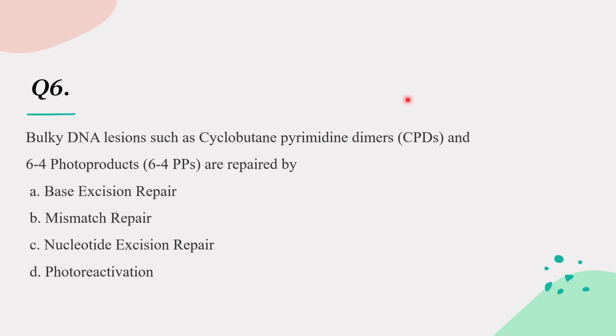Next, let's move to our next question, that is bulky DNA lesions that we were talking about in the previous slide. Bulky DNA lesions such as cyclobutane pyrimidine dimers, called CPD, might be thymine dimers, generally formed because of ultraviolet light, and 6-4 photoproducts are repaired by base excision repair, mismatch repair, nucleotide excision repair, or photoreactivation.